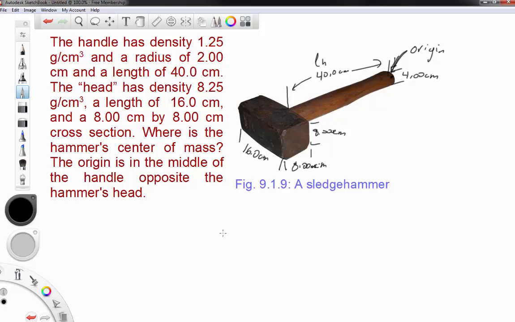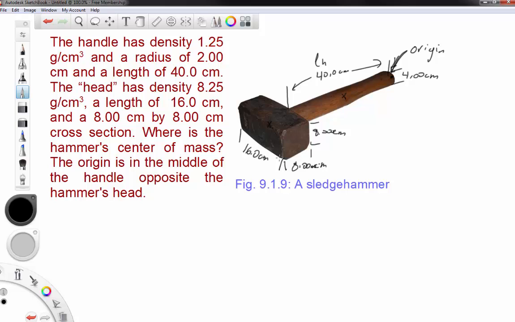And what we're going to do is basically two steps. First step is we're going to find the centers of mass for both the head and the handle. And so those are basically step 1A, step 1B. Then once we've done that, we'll mark those centers of mass as being, for example, here and somewhere inside the handle here, or inside the head here.